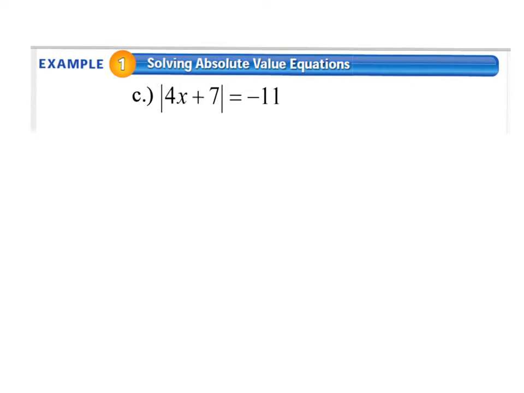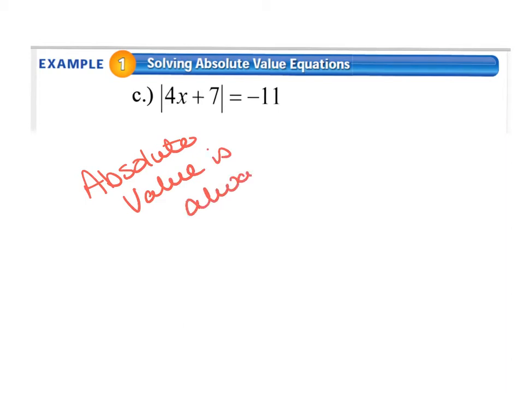I want to remind you of something, because if you've already written it down and started doing it, you are wrong. One thing that we talked about, absolute value is always positive. This is not a positive answer. We cannot solve this one.